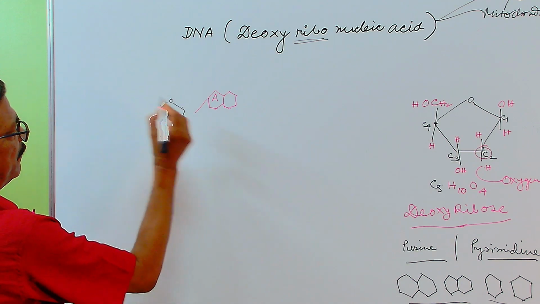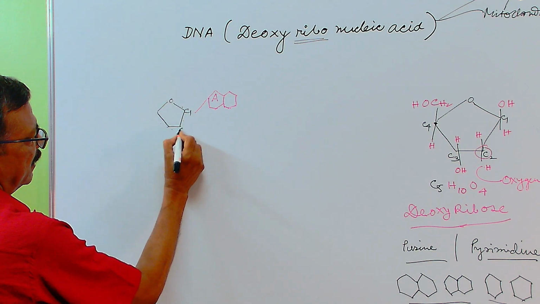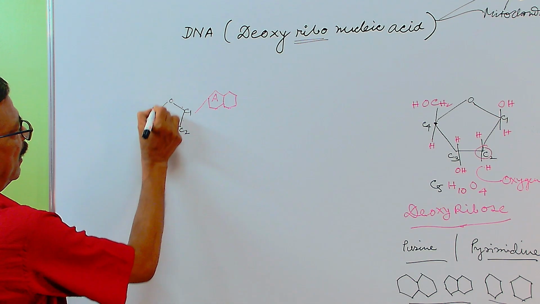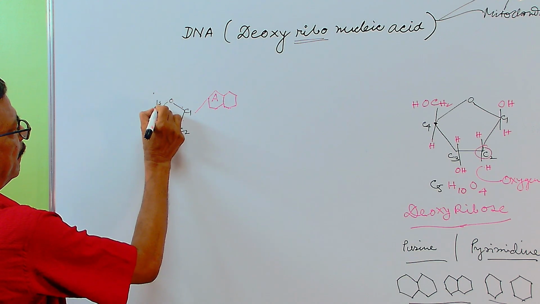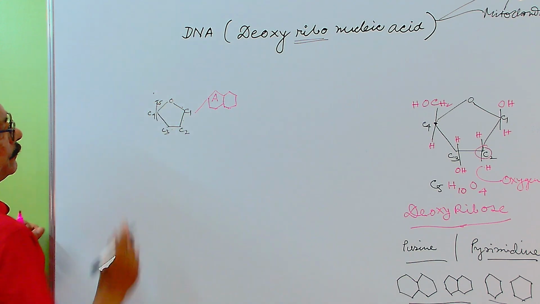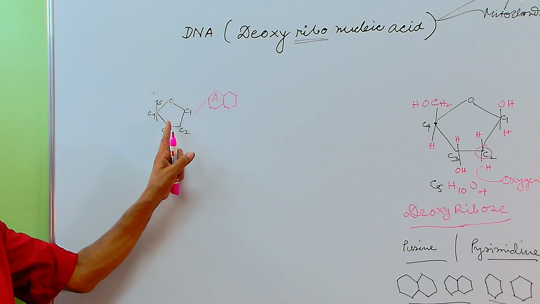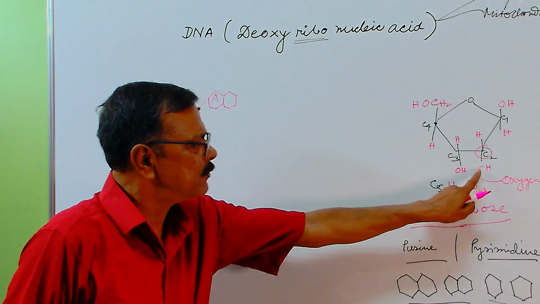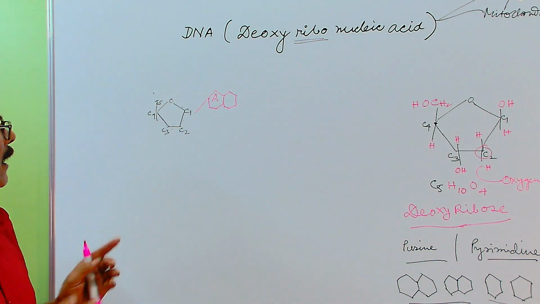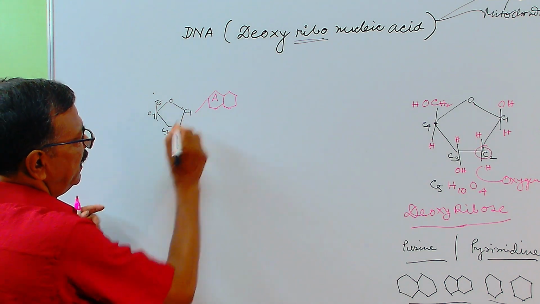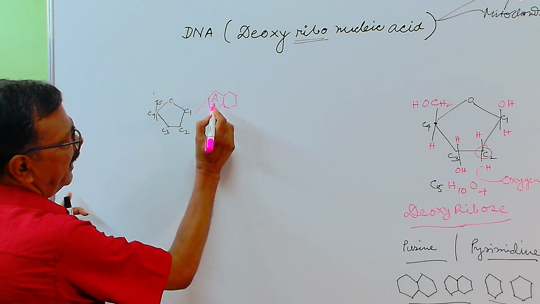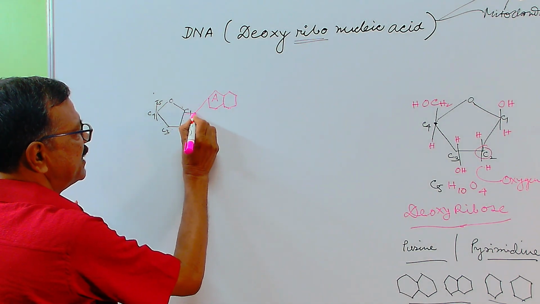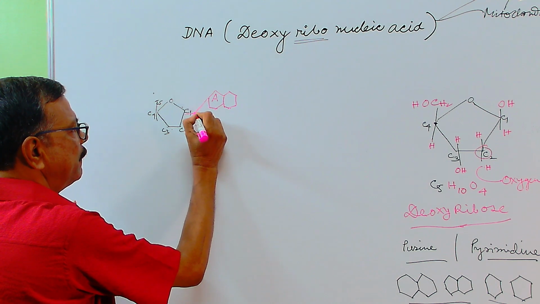One, two, three, four, five: C1, carbon 2, carbon 3, carbon 4, and carbon 5. This is a deoxyribose sugar, the oxygen is absent here. Anyway, this adenine remains joined at C1 carbon.